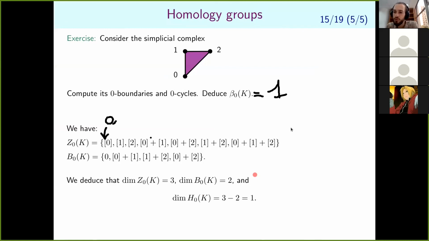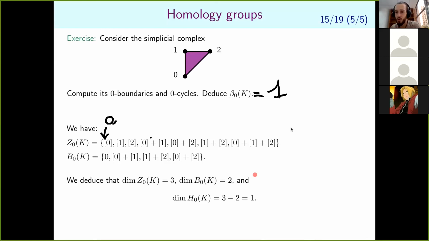What we will prove in the next lesson tomorrow is that beta 0, the 0th Betti number of a simplicial complex, is equal to the number of connected components of my simplicial complex. This will be a consequence of tomorrow's lesson.